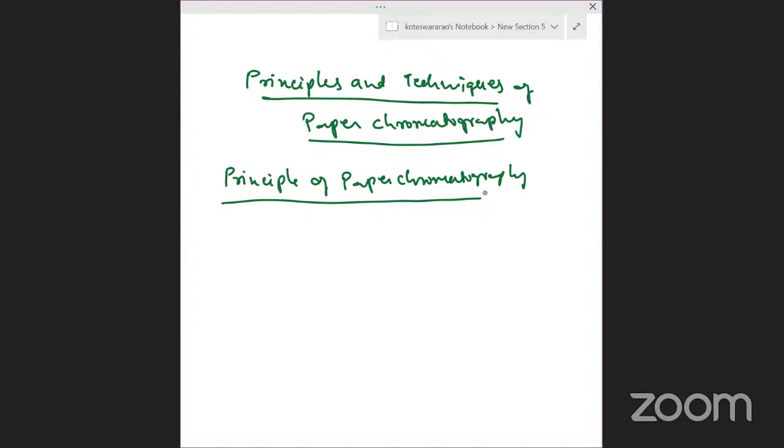As a result, the separated components appear as different spots, bands or zones on the paper. During the movement, the components present in the mixture are distributed between the moving phase and the stationary phase.